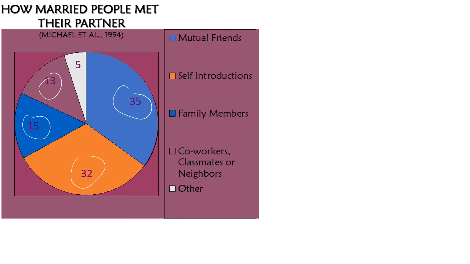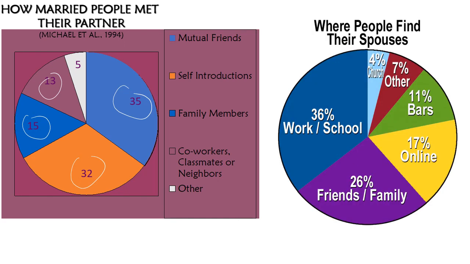However, that has changed since then. So that 35% that was family members before, and 15% that was friends. So that between family and friends was 50% before. Now it's 26%. So that's cut in half. Before, coworkers, classmates, neighbors was 13%.